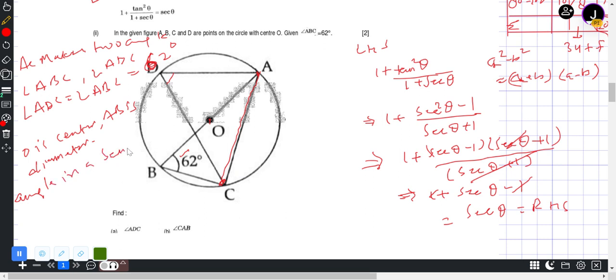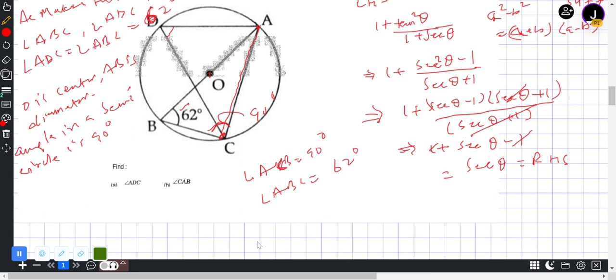What is the property of an angle in a semicircle? Angle in a semicircle is always 90 degrees, right? So angle ACB is 90 degrees and angle ABC is 62 degrees.